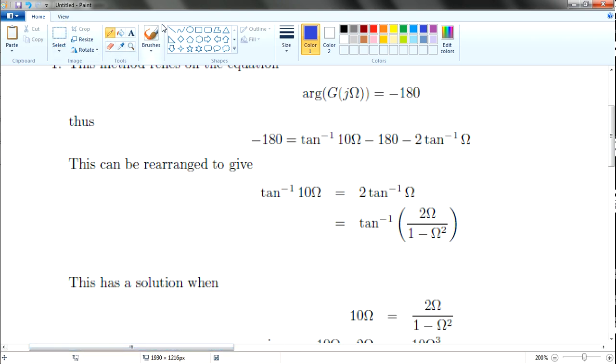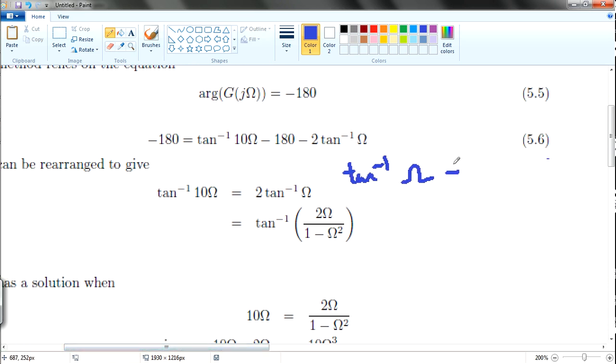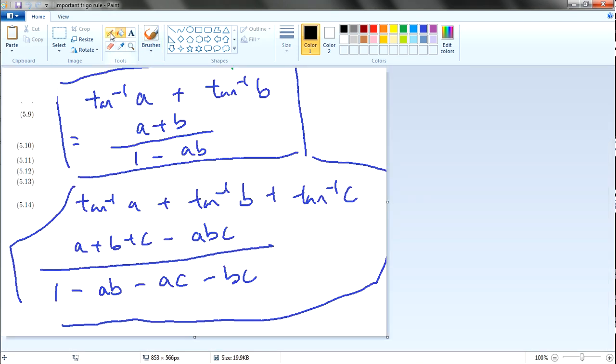Since we know that this portion over here is tangent inverse omega plus tangent inverse omega, therefore this will be tangent inverse, hold on, before I go on, this whole thing should be in brackets, tangent inverse. I had actually forgotten to tell you. So this is the actual rule. If you want me to tell you where the rule is, I also don't know.